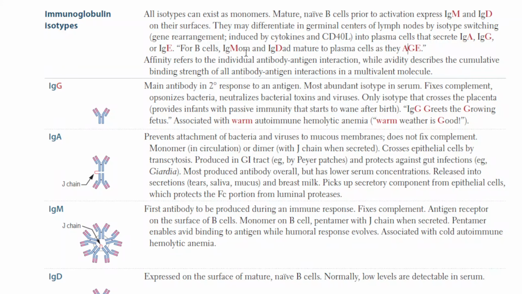So mom and dad are the parents of all those immunoglobulins, and in the plasma cells they are going to age into immunoglobulin A, G, and E. This is a good mnemonic to remember that the first two immunoglobulins are MD, like a doctor, mom and dad, and in the plasma cells they are going to age.